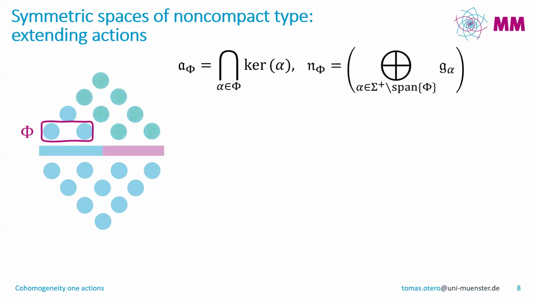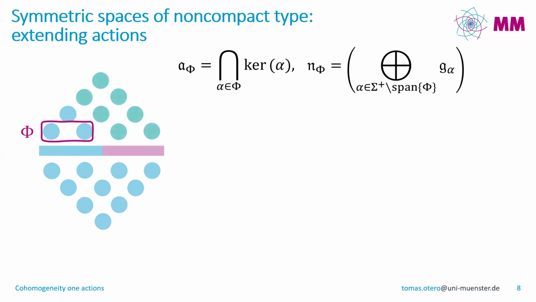And similarly, N phi you define to be the sum of all positive root spaces corresponding to roots which are not in the span of this subset of simple roots.